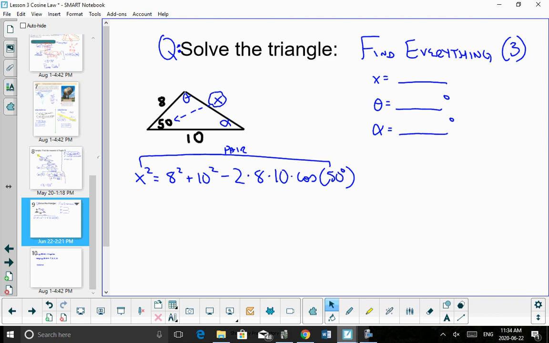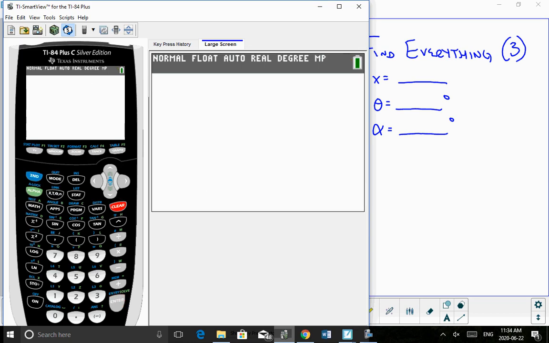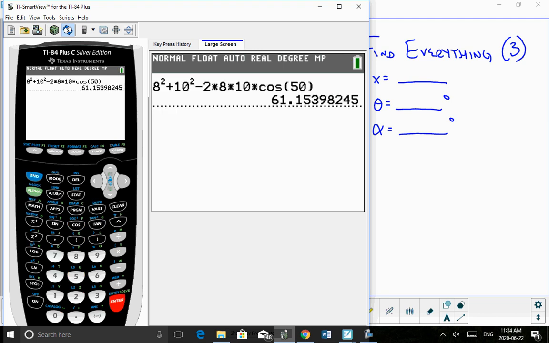So 8 squared plus 10 squared minus 2 times 8 times 10 times cos 50 degrees gives me x squared. I have to square root that answer, and you get 7.8.